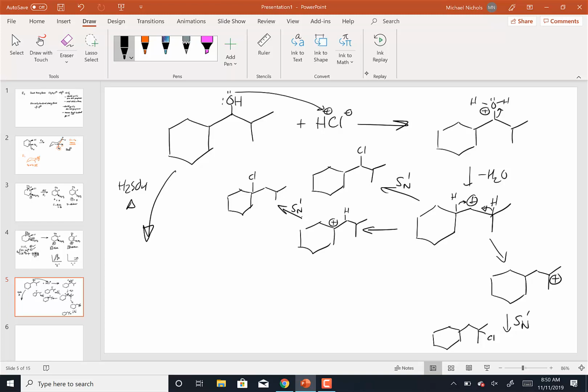Even if I form the other two carbocations, water comes in and adds, and I would end up moving the OH around the molecule. But one of the things that we have to remember is if we're going to do reactions with alcohols, if you end up with an SN1, you're always going to end up with E1 products as well. Okay? Right.